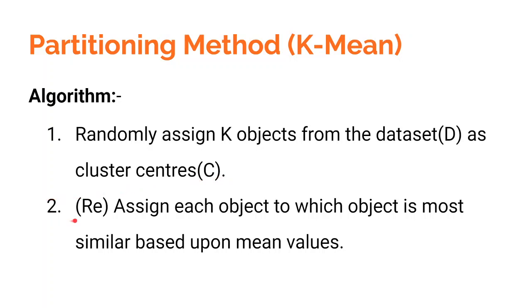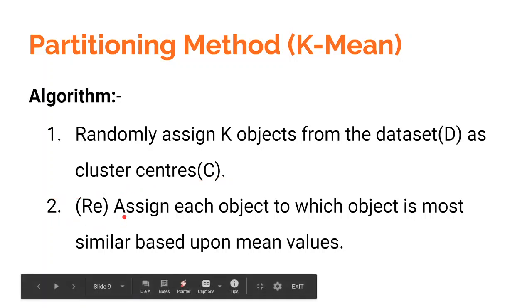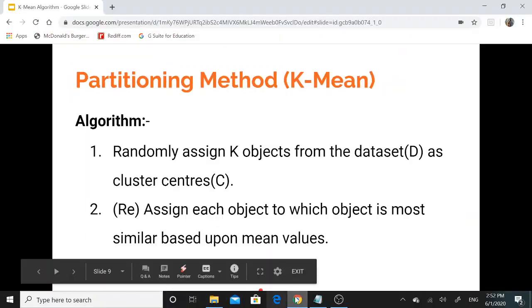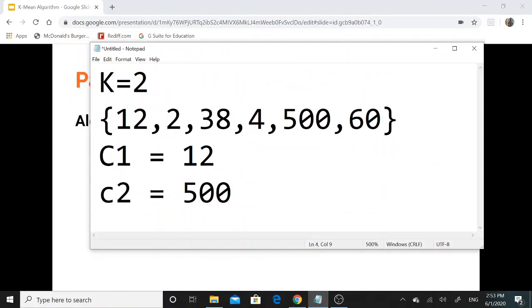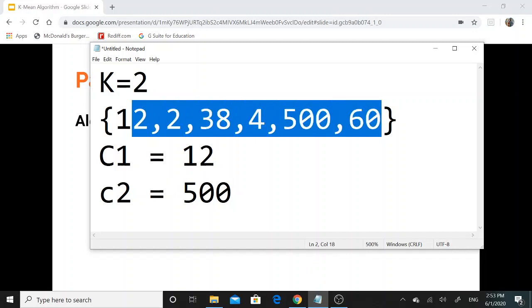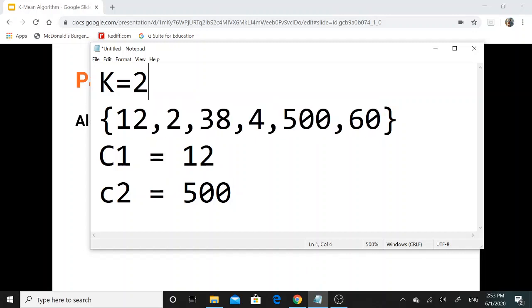Then at the second step we need to assign each object to the cluster to which it is most similar based upon the mean values. As I stated earlier, here these are the different data sets. This is the random value assigned to k.